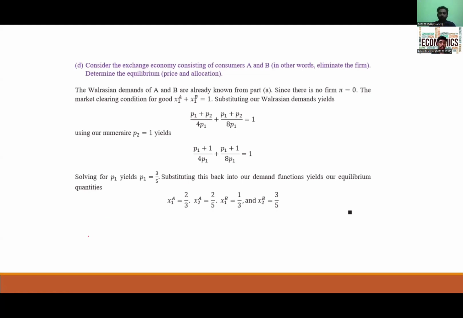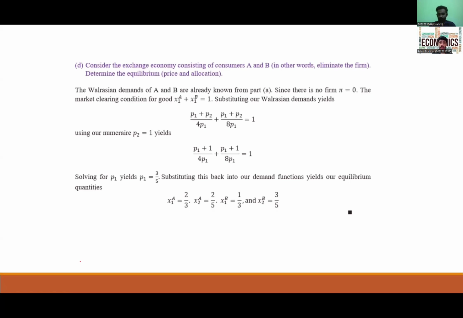The market clearing condition for good one, X1A plus X1B is equal to 1, shows that the demand for good one for both consumer A and B is equal to 1, which is the market clearing condition.